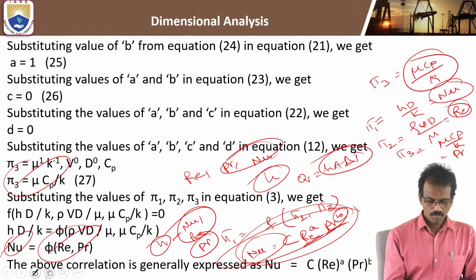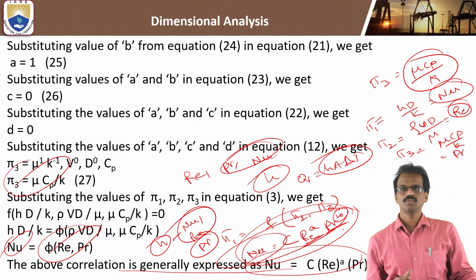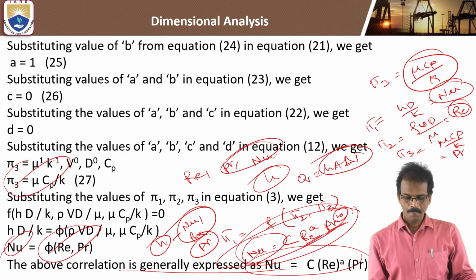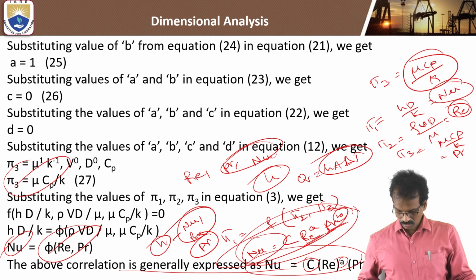So the above correlation is generally expressed by this formula: Nusselt is a constant times Reynolds to the power of A, Prandtl to the power of B. So this is very important.